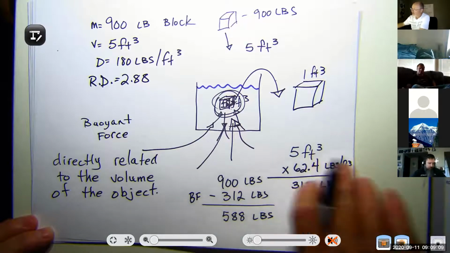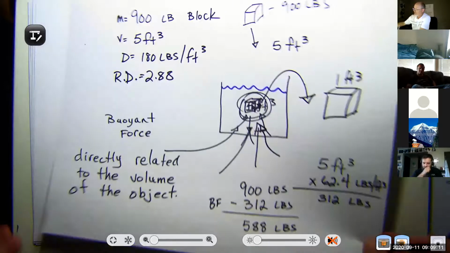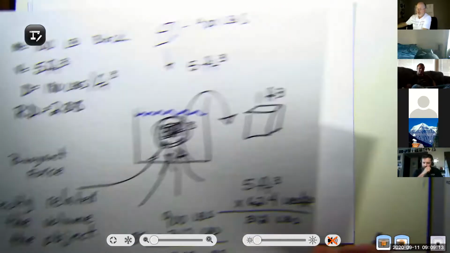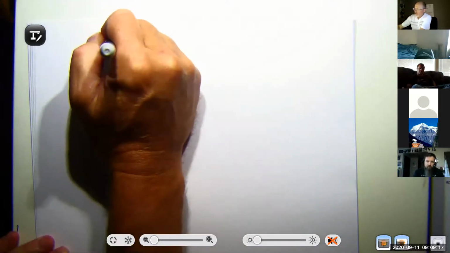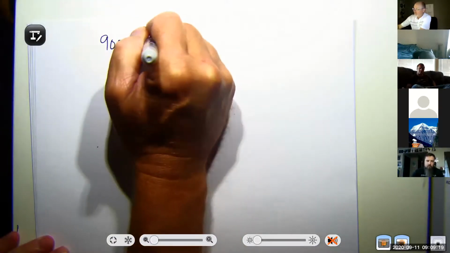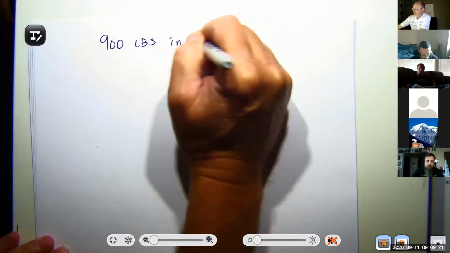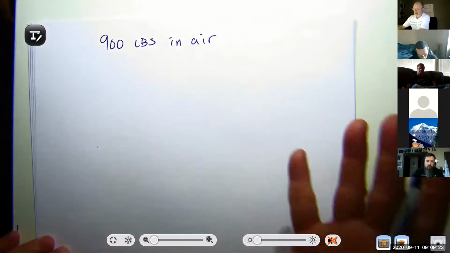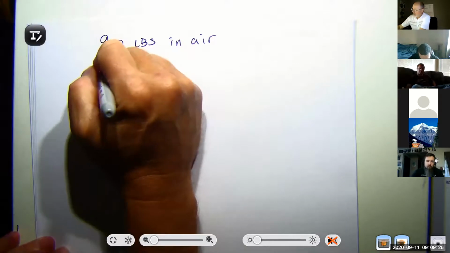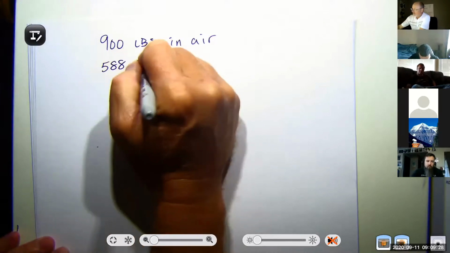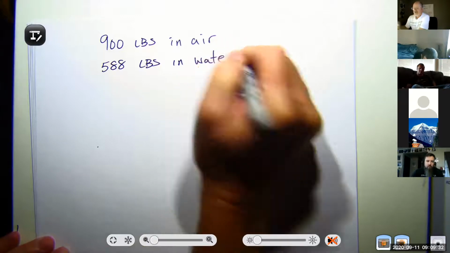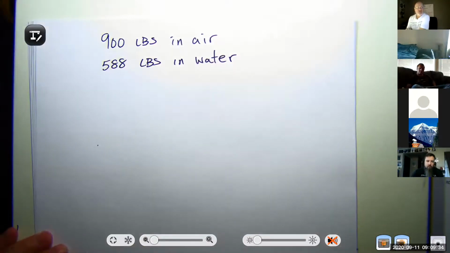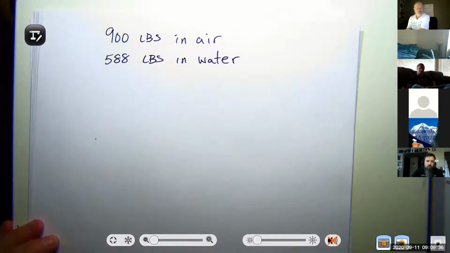So let me just try something different with the same parameters. If I had an object that weighed 900 pounds in air, meaning out here in air, and it weighs 588 pounds in water, I'm going to ask you, what would the buoyant force be?